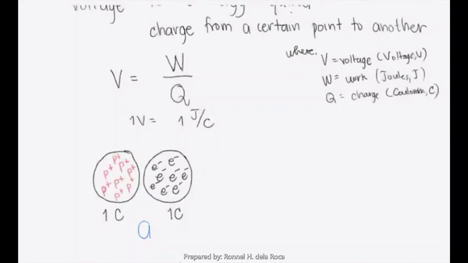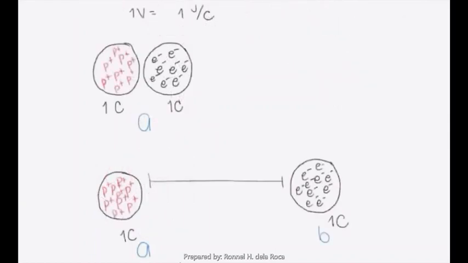So therefore, walang displacement. So let's say gusto nating ma-move yung 1 column of electrons from point A to point B. At para magawa yon ay kailangan natin ng energy. Let's say this energy is 5 joules.